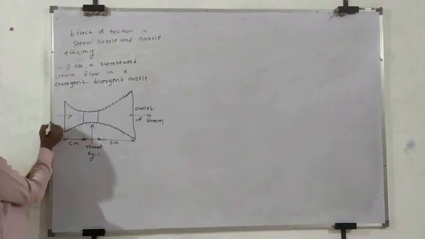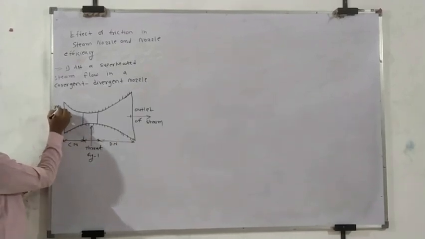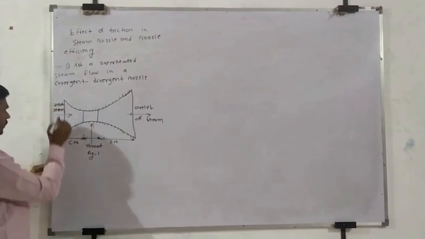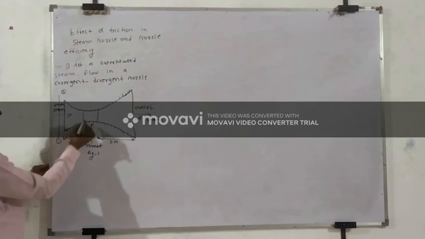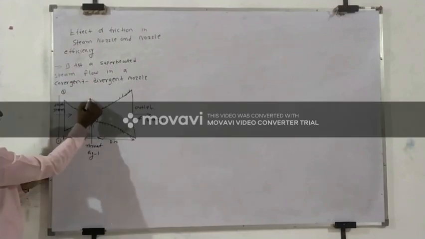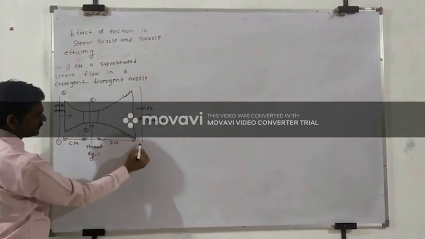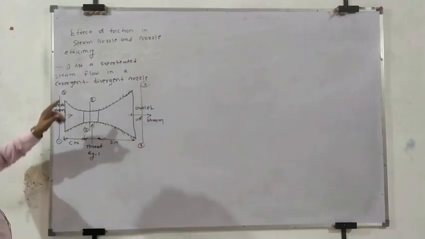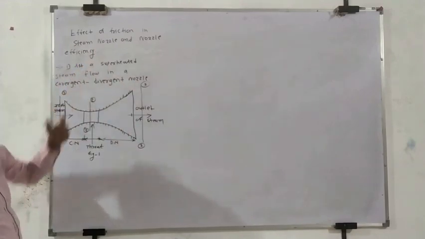Okay, this is the inlet of steam. Right? We know that this is section 1-1. This is the throat section 2-2. And this is the outlet section 3. Right? So our title is the effect of friction in a steam nozzle and nozzle efficiency.